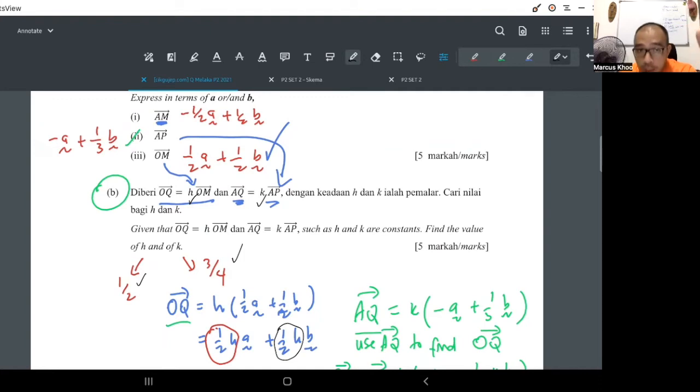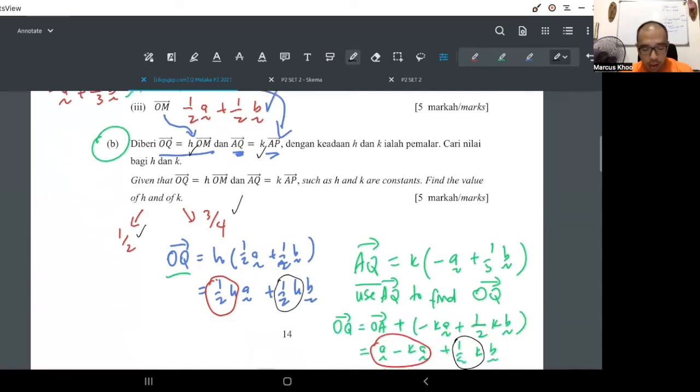I can also form AQ by using OQ and compare the AQ vector. Also can. So again, more than one way to answer this question, and either way you will still get H equals half and K equals 3 over 4. Take a look at these questions. Quite a good question.